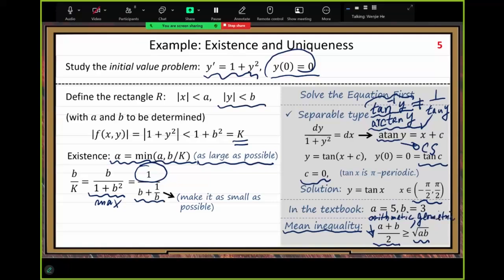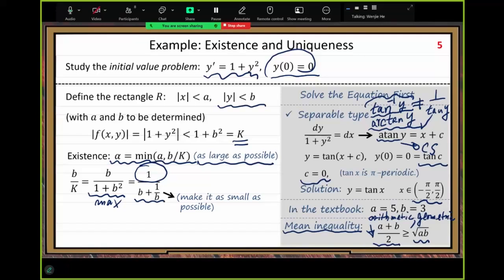So this mean theorem tells us that for positive constants a and b, its arithmetic mean is always greater or equal to its geometric mean. That is the famous mean inequality, but this is the simplest form.